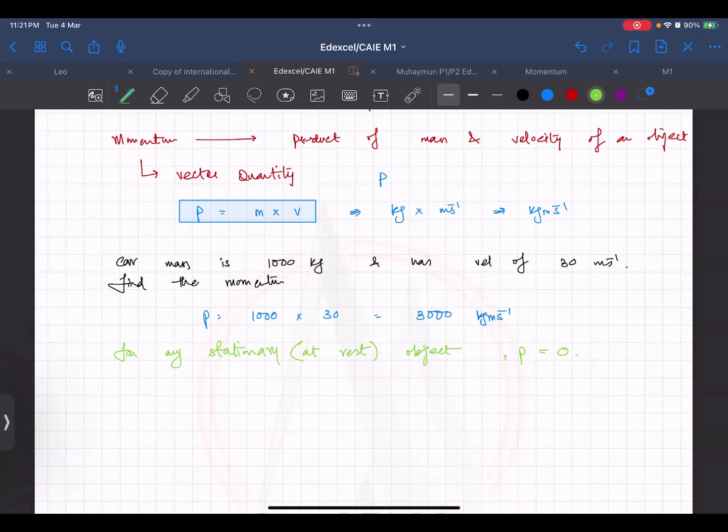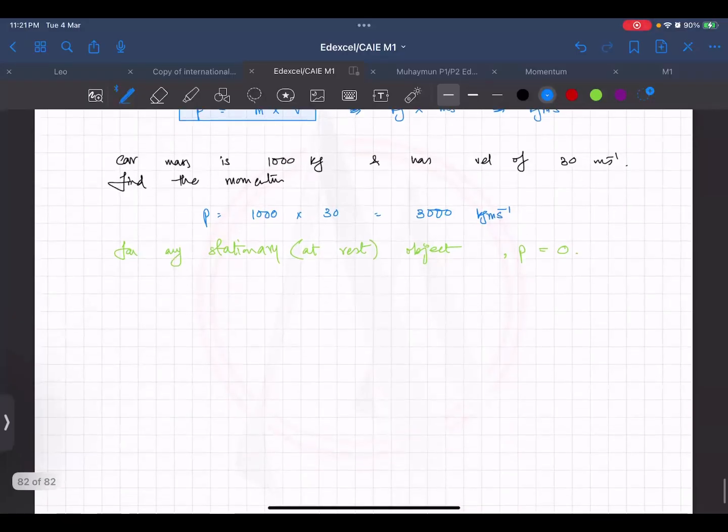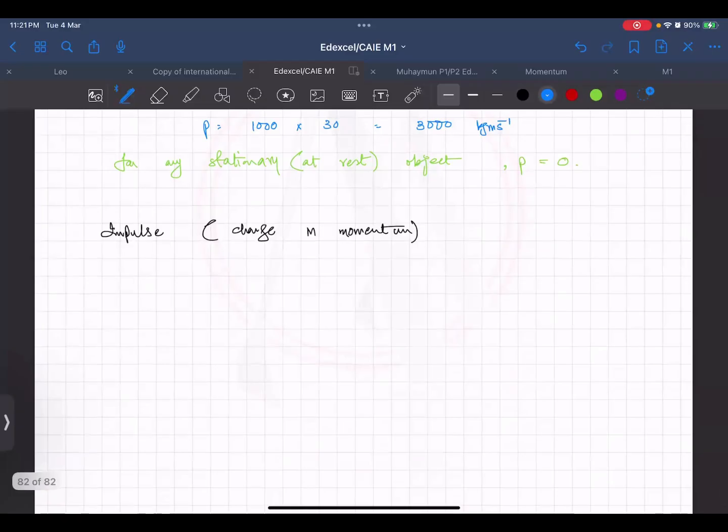That's it. Then the important part is we move on to find the impulse, or the change in momentum. Change in momentum is mass times final velocity minus mass times initial velocity.